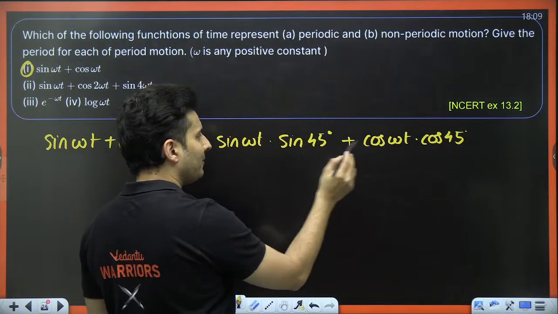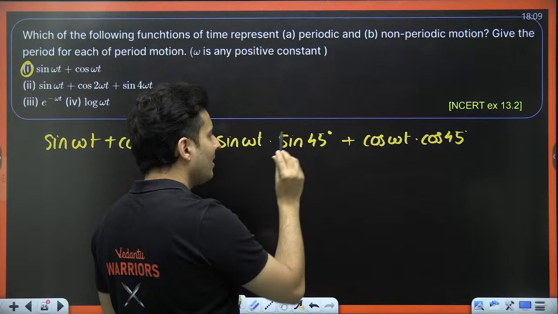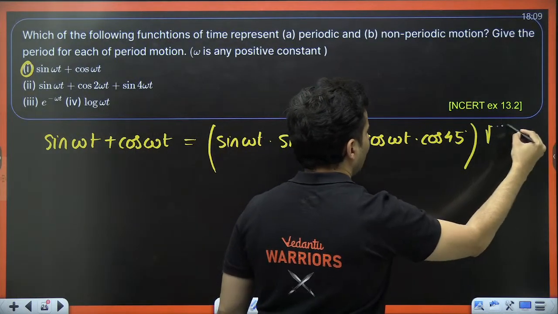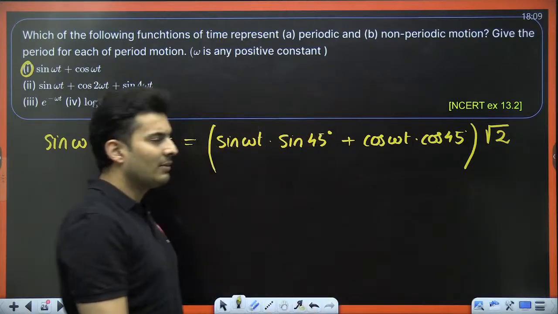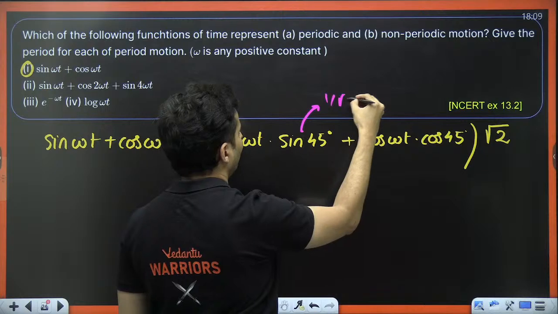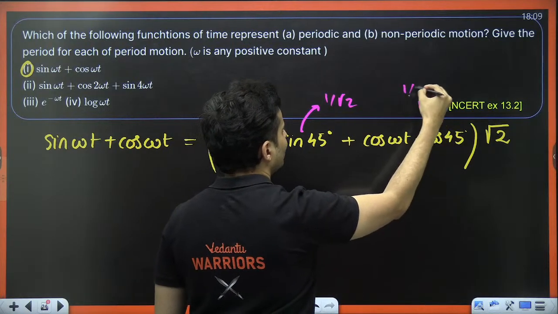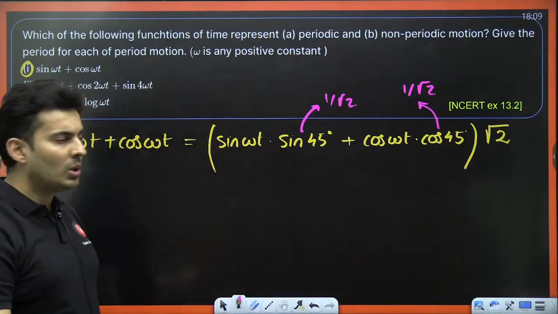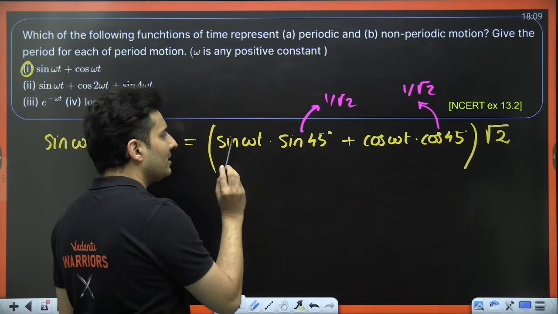The reason is sine 45, cos 45 both are 1 by root 2. So to preserve the equality, I'll just multiply by root 2. See if this is okay. Because I know for a fact sine 45 is 1 by root 2 and even cos 45 is 1 by root 2. Root 2 will cancel.